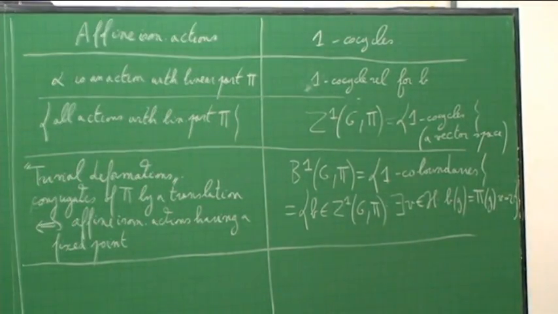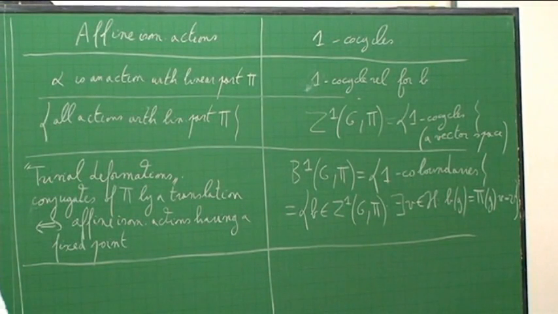A geometric property that an affine isometric action can have is to have bounded orbits.